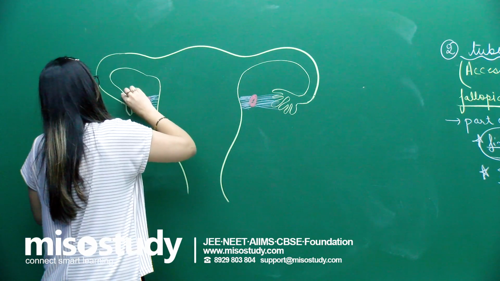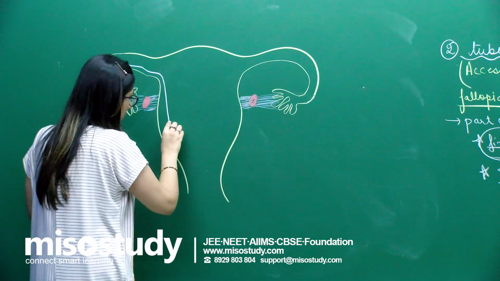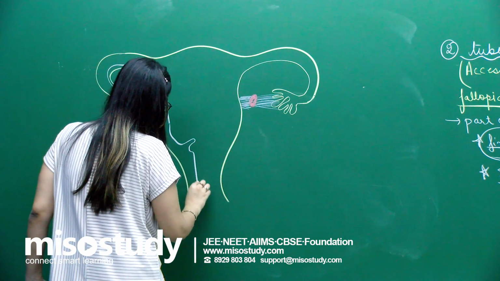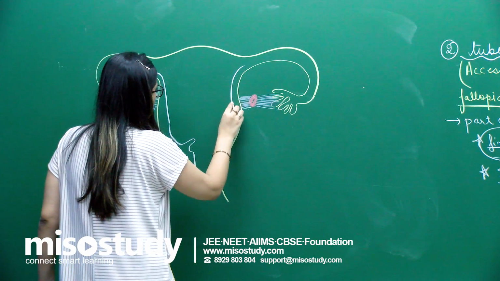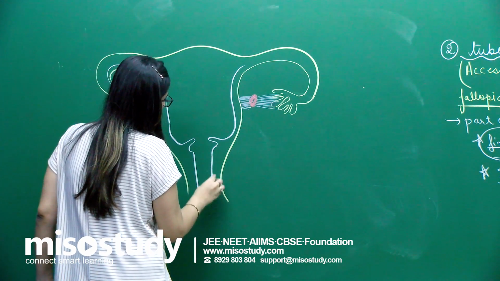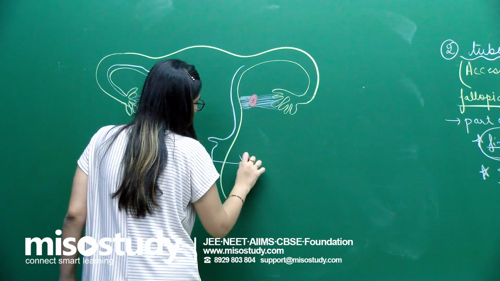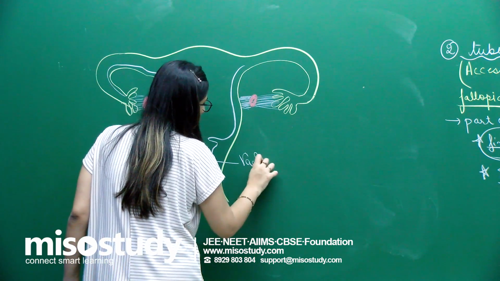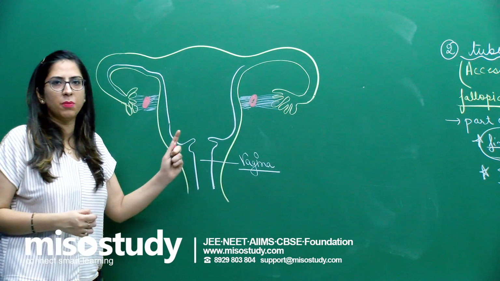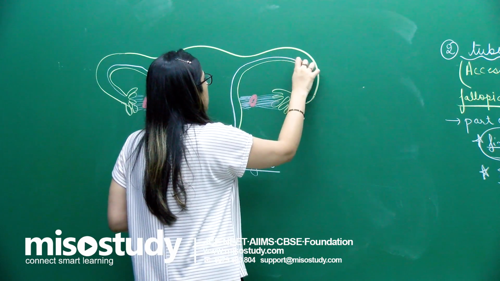And this is called the vagina. This pear-shaped structure is called the uterus.